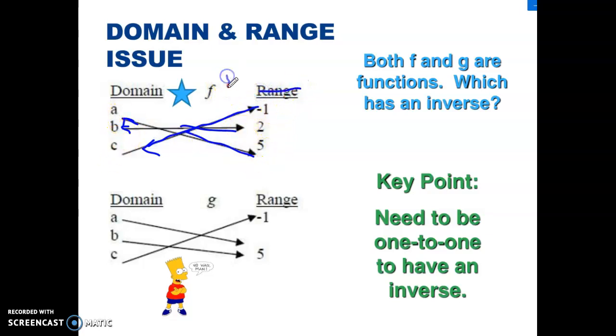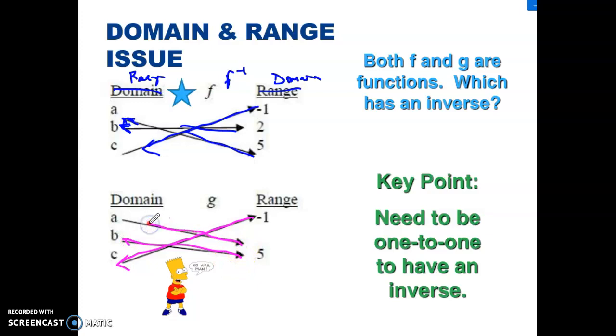Okay, so this would be my new input. So if I'm doing the inverse, here, this becomes the new domain. And then this becomes the range of the inverse. And so because I'm switching the direction of those arrows, that's working out good. But now what happens on this other one, the second relationship, if I were to switch the directions of the arrows, notice we're going to create a problem.